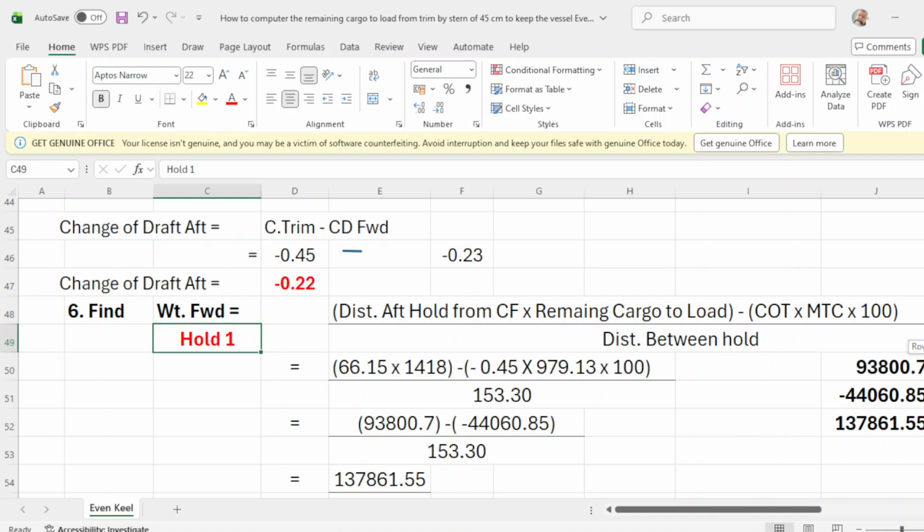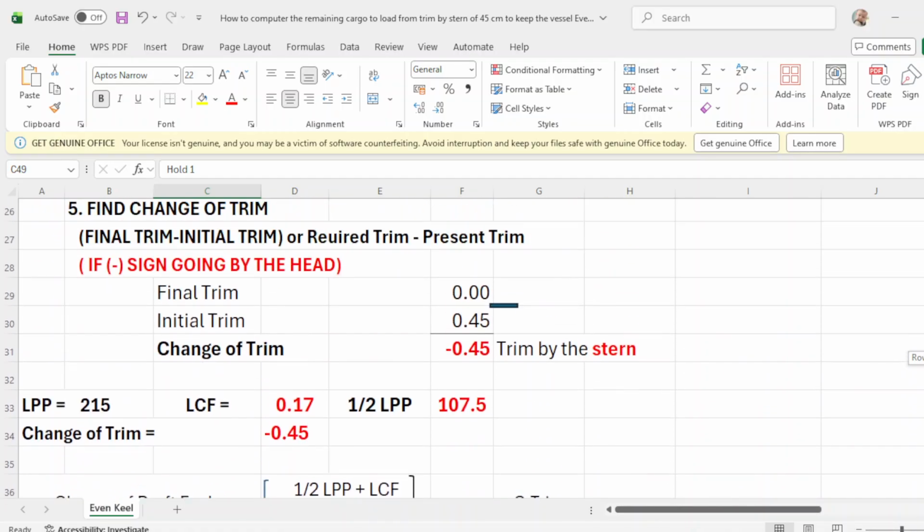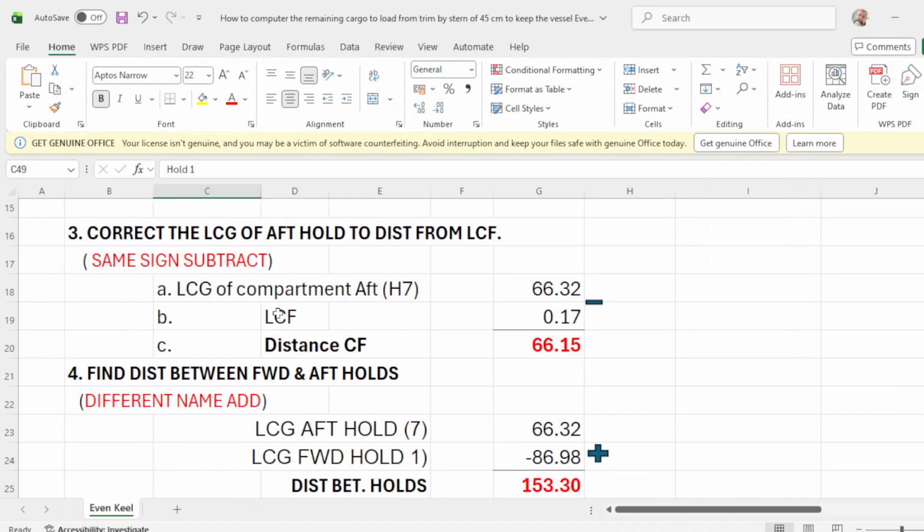Okay, to get the value of hold number 1, forward, this is the formula: distance of aft hold from CF times remaining cargo to load, minus your change of trim times MTC times 100. Okay, so I already transposed this one. Your distance of aft hold from CF is 66.15.